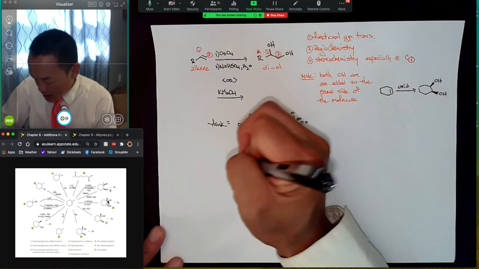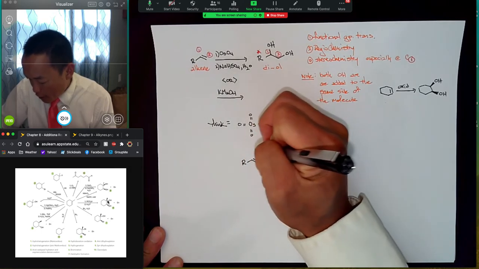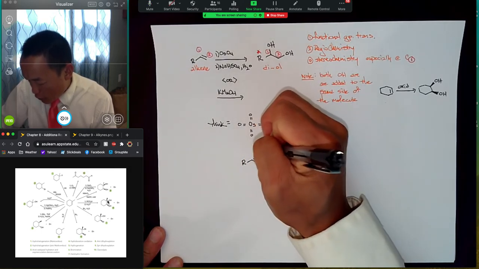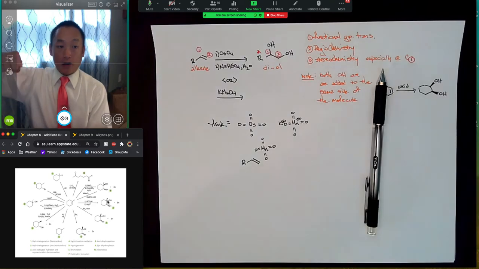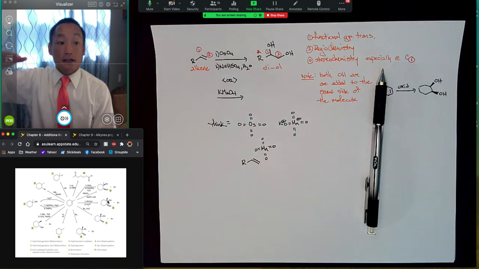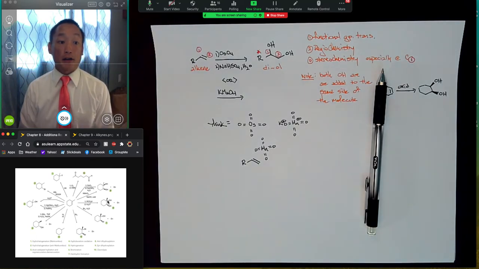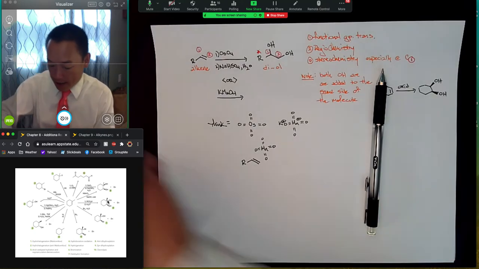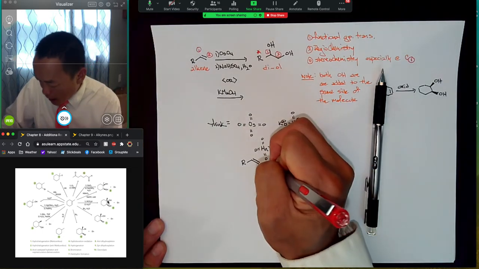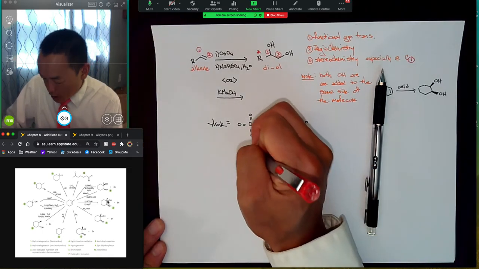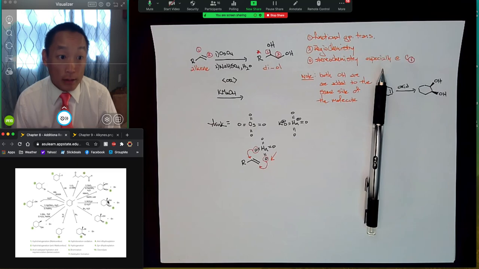If this thing is the stamp, here's my carbon residue, and I'm thinking about this MnO4 just coming straight down onto that double bond, and it's going to imprint two oxygens onto that double bond as OHs. That's kind of what I'm thinking in my mind, that this molecule is approaching, and it is going to deposit this oxygen here, this oxygen in here, and by virtue of the remaining reagents, that'll convert them into OHs.